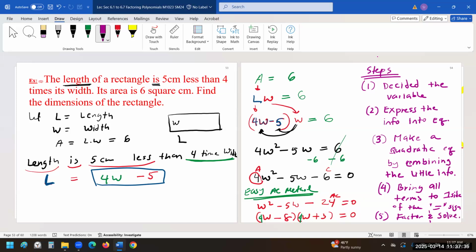Right? This is what we did. First, we made our equation based on the information. Then we made a quadratic equation. And then to solve the quadratic equation, we brought everything to one side. We factored. We set each factor to be 0 so that you can solve each factor. This is the end. The shortcut ends.